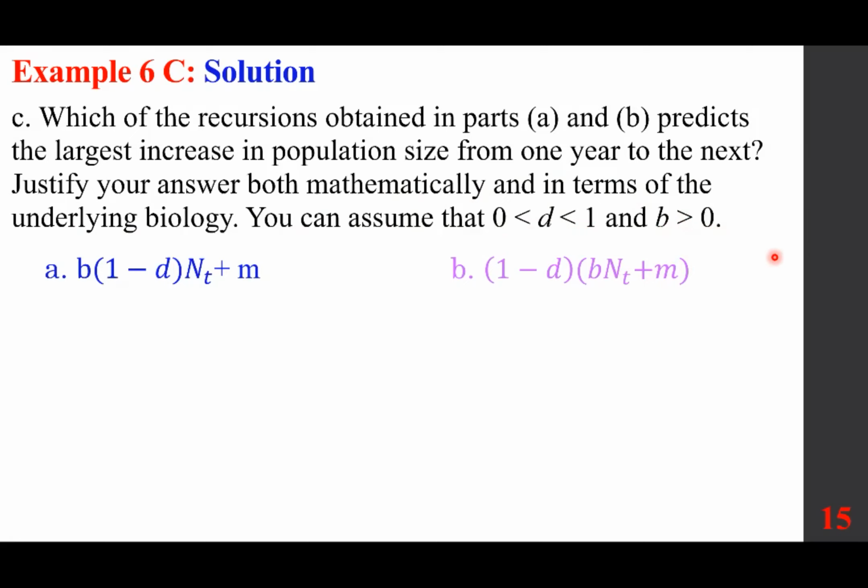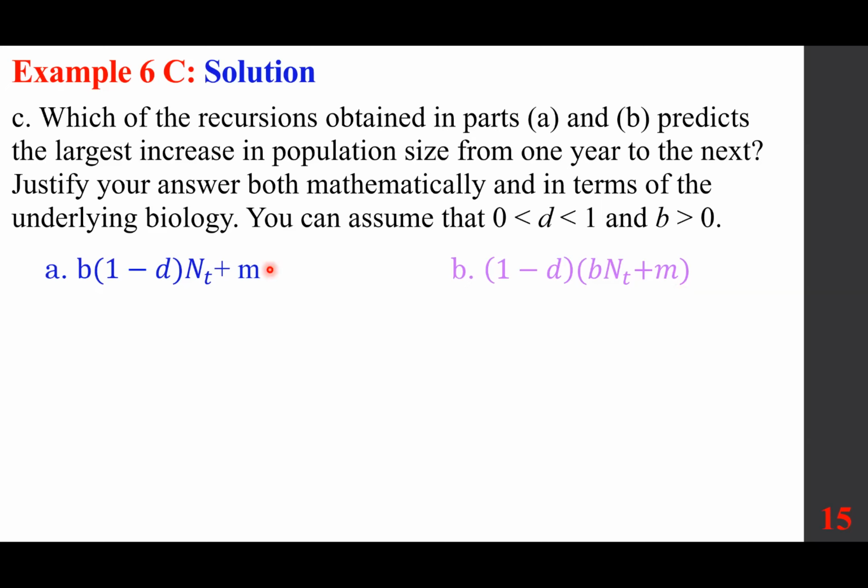Remember, in part A, we ended up with this number at the end: B times 1 minus D times N sub T plus M. And in part B, we ended up with this number: 1 minus D times B times N sub T plus M. So which one gives us more fish?